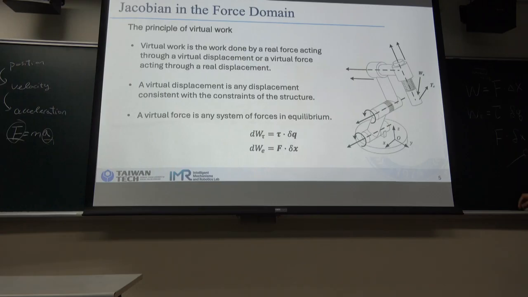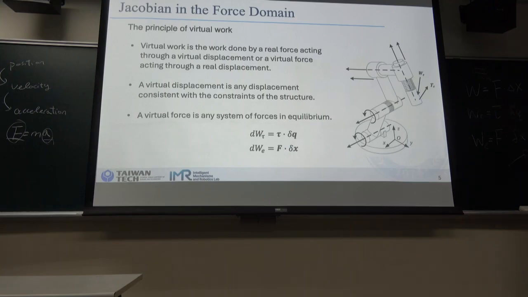So the work done by this force, because we use the external force, we can call it W_E, external force. So this is the external force, applied on the end effector. The work done of this force is F times delta X.